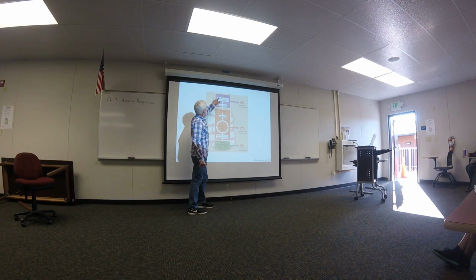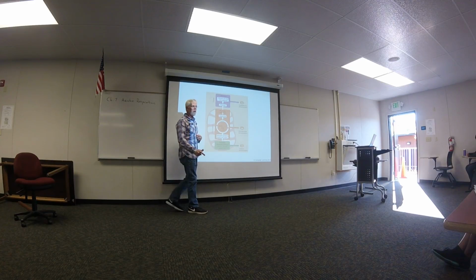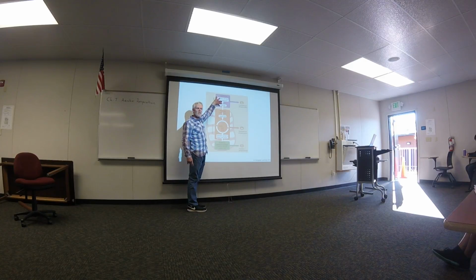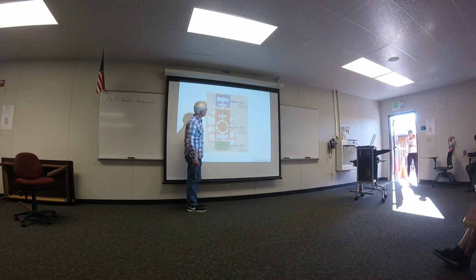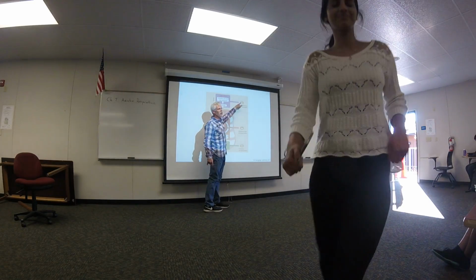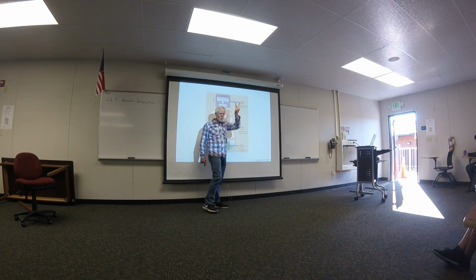Glycolysis, sugar splitting, is a very inefficient pathway. It's anaerobic, no oxygen required. In fact, the chemistry was in place before oxygen was available in the atmosphere for creatures like ourselves. It's inefficient in terms of ATP yield. Per sugar, your net ATP production is 2.